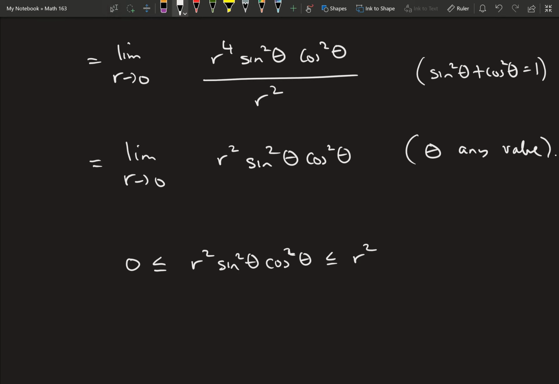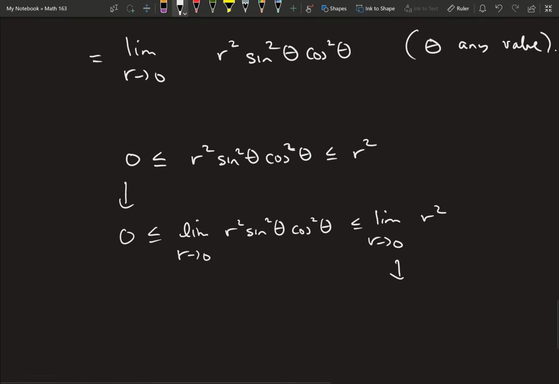And if we take limits here, this just stays as 0. This is less than or equal to the limit as r goes to 0 of r squared sine squared theta cosine squared theta, which is less than or equal to the limit as r goes to 0 of r squared.